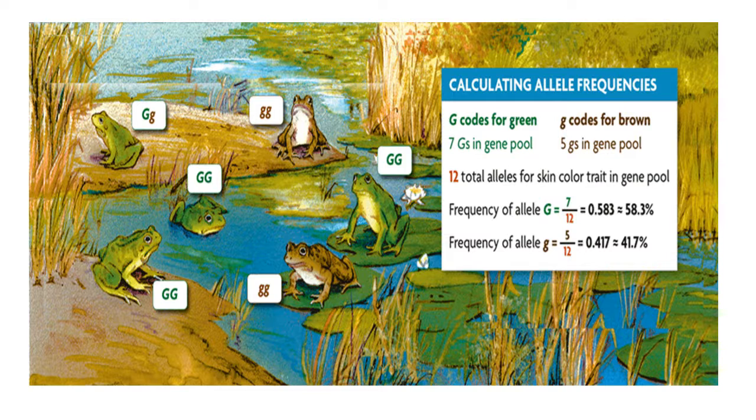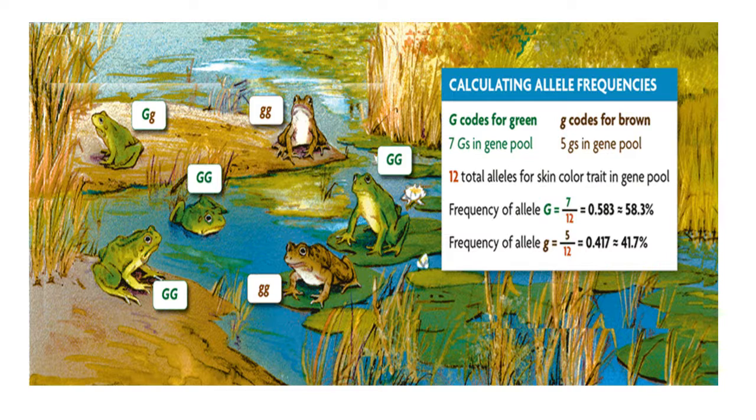7 alleles over the total number of alleles. How many alleles in this population? How many frogs here? 1, 2, 3, 4, 5, 6. 6 frogs times 2, 12. And how many alleles for G capital? 7.